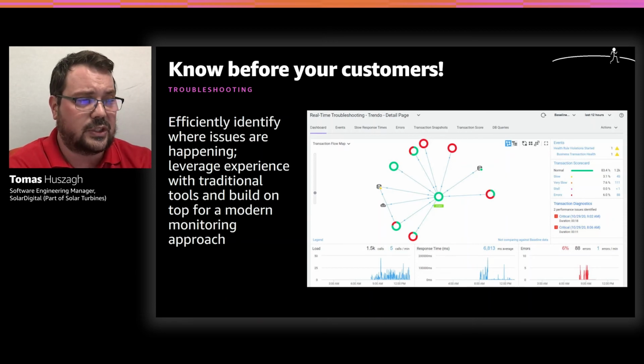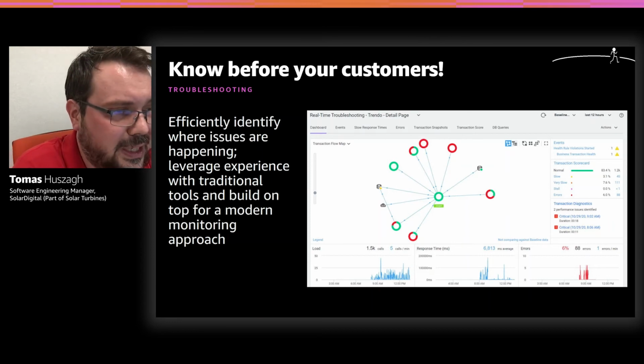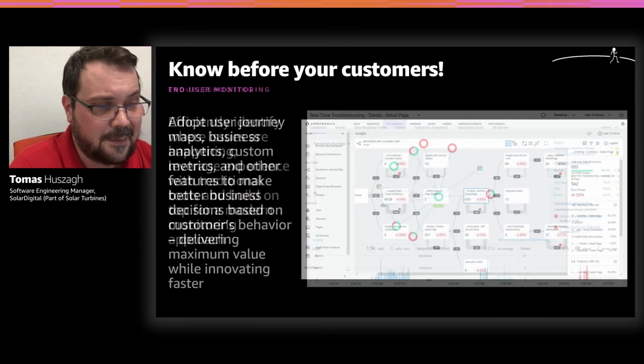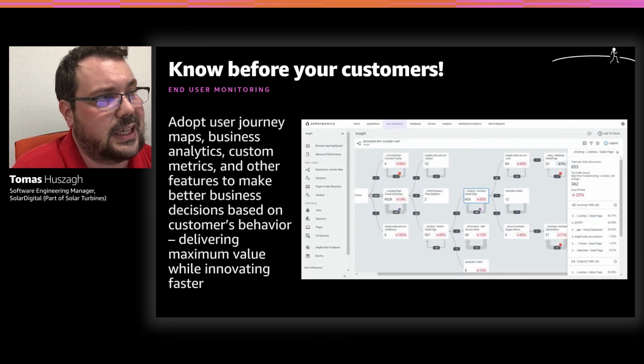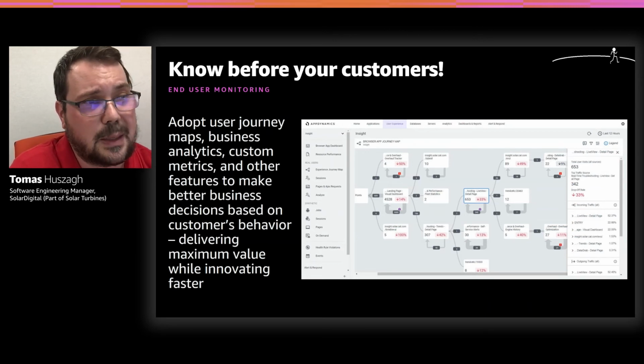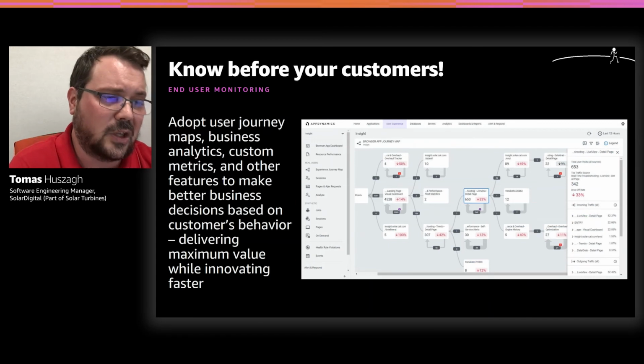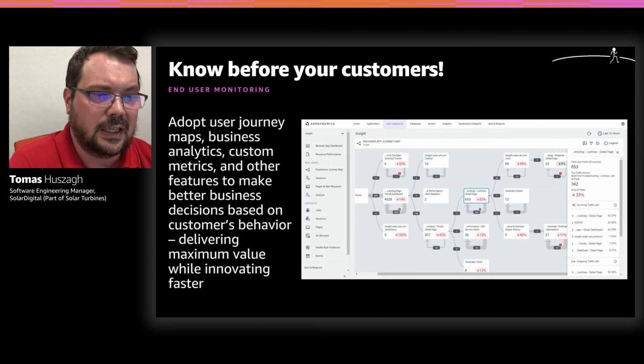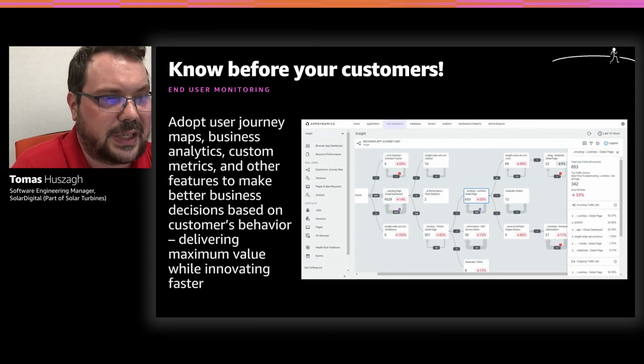And the last one, which was embraced by our business more or less, is something that you need to understand. It's not the primary point for AppDynamics or any application performance monitoring, but those tools give you really visibility on how the customers behave.